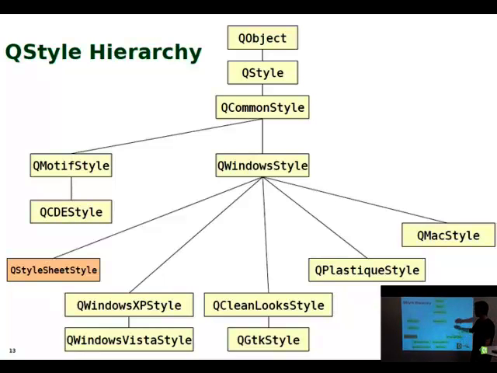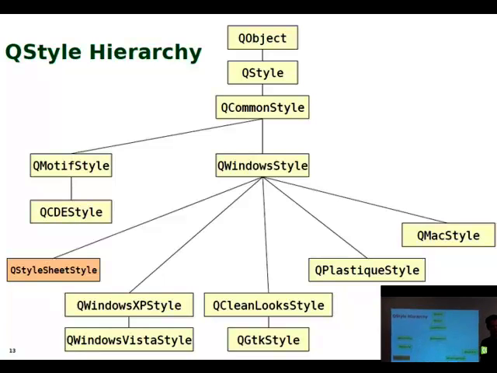So you can choose from one of all those styles. QStyle is basically an abstract class that does nothing, and all the common stuff is in QCommonStyle. So if you are going to write your own style, you should at least inherit from QCommonStyle, and you choose from all of these the one that is more appropriate.